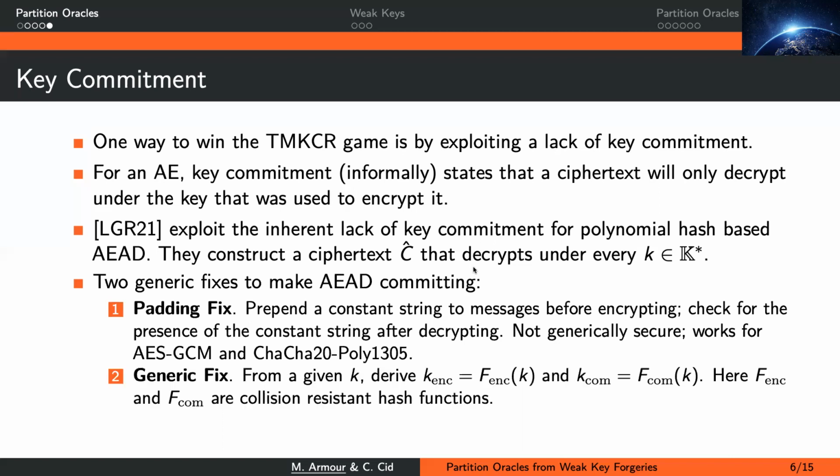And there's also the generic fix. From a symmetric key, you can derive a key for encryption and then a second key, which is a commitment to that key, using collision-resistant hash functions.